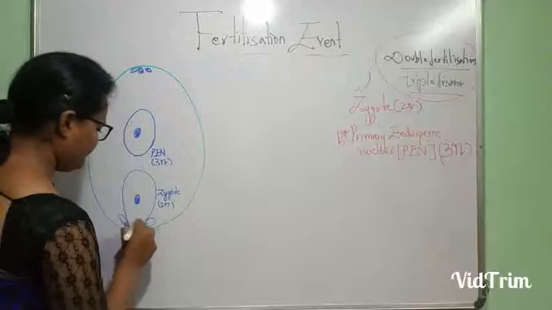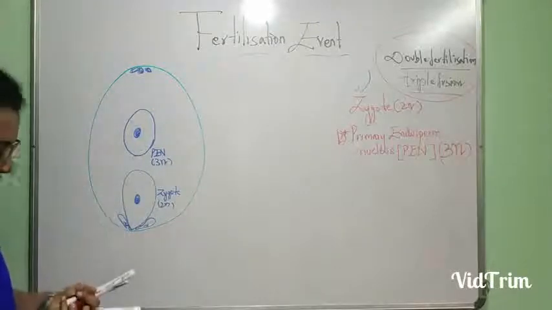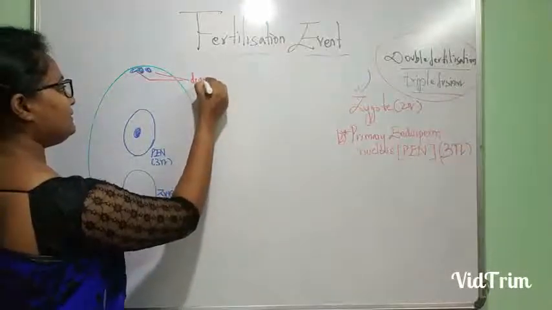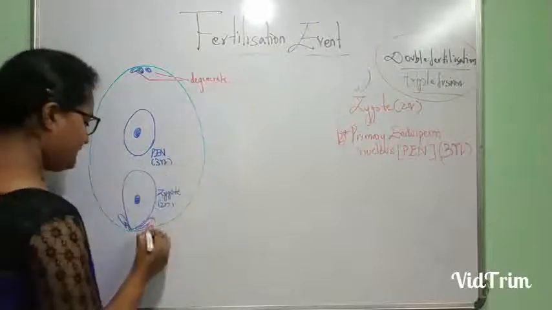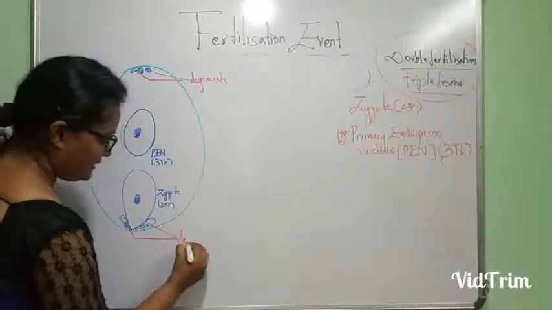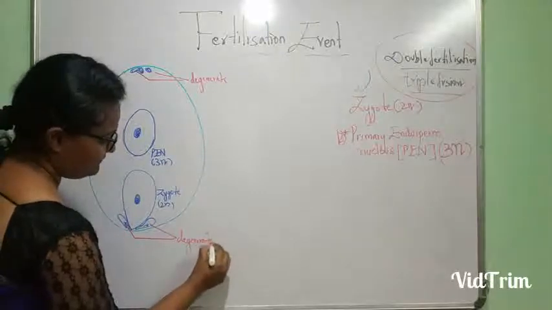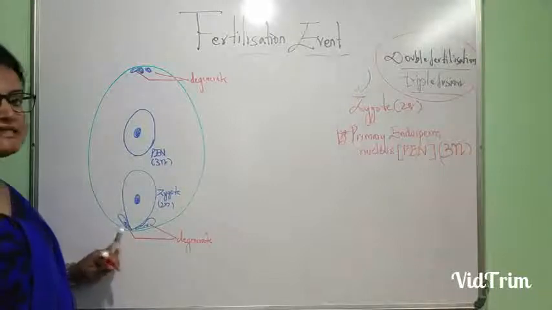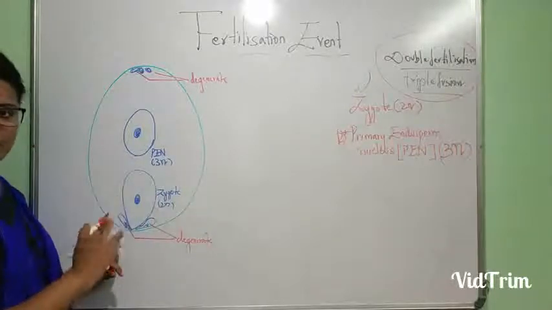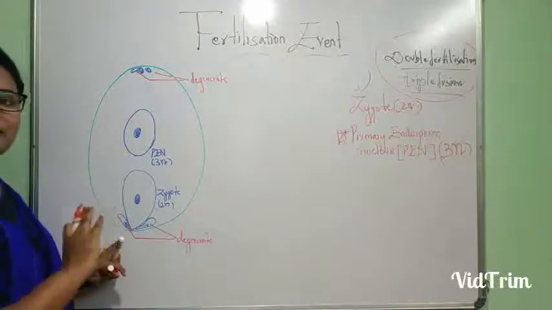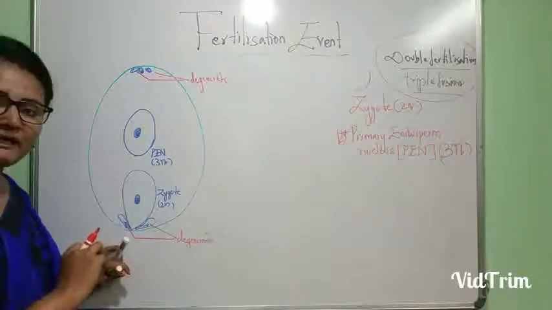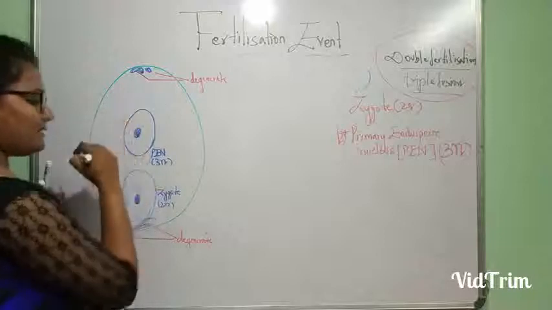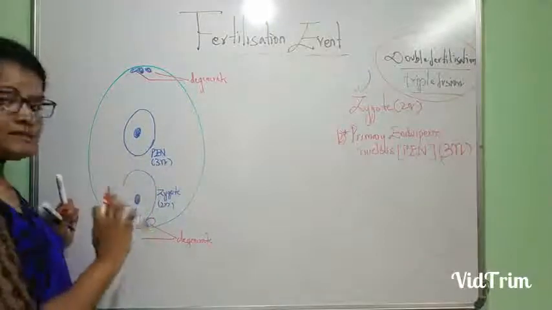What happens to the antipodal cells? They get degenerated, and even the synergids get degenerated. So the fate of the antipodal cells and synergids after double fertilization and triple fusion is degeneration. They completely vanish, and the remaining things are only the primary endosperm nucleus and our zygote.